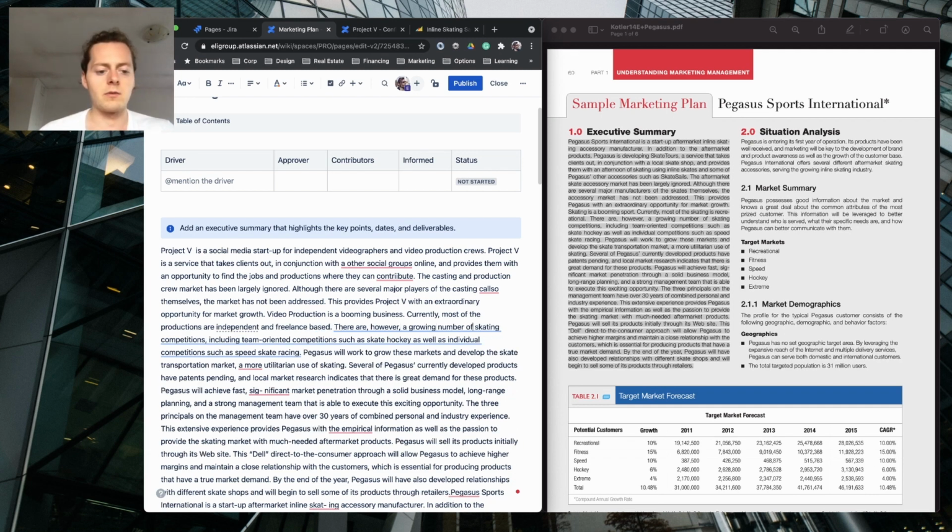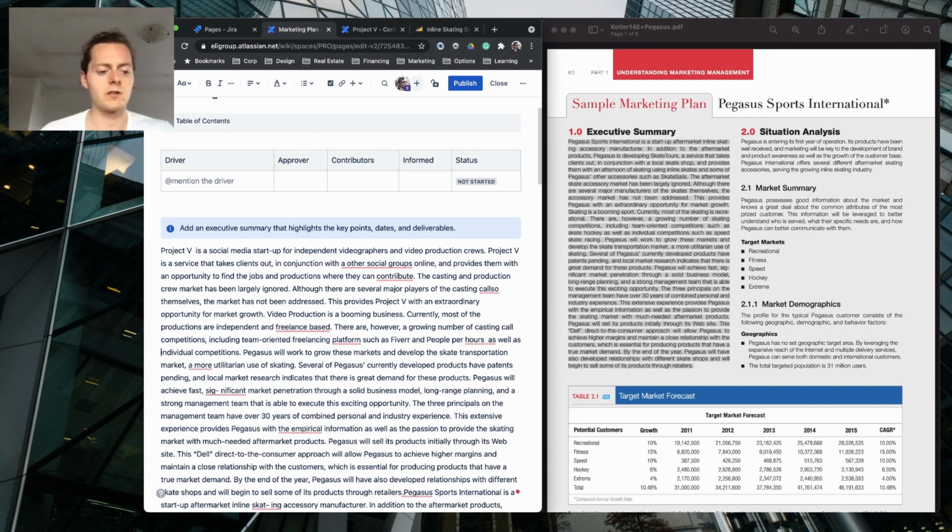There are, however, a growing number of casting call competitors, including free team-oriented freelancing web platforms such as Fiverr and I think it's People Per Hour, as well as individual competitors.